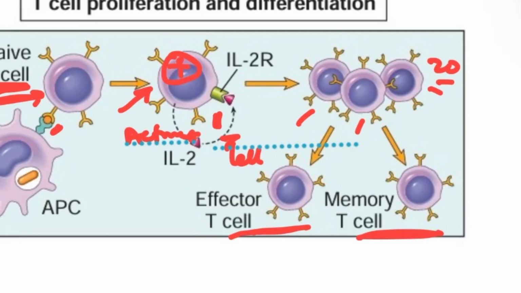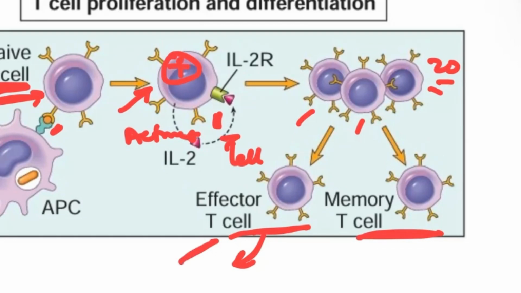The effector ones are the ones that go out and start stimulating cytokines to stimulate other white blood cells. It's the one that carries out the job of recruiting other white blood cells. And then the memory cells will be the ones that stay back in the lymph node. And the next time the pathogen comes, these are the ones that will be stimulated.